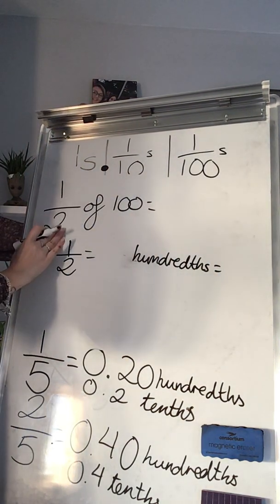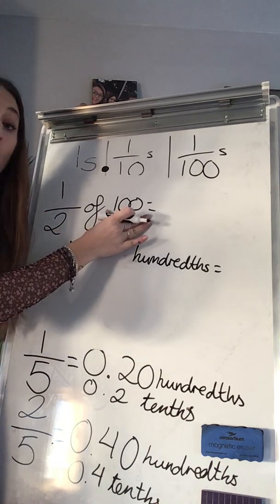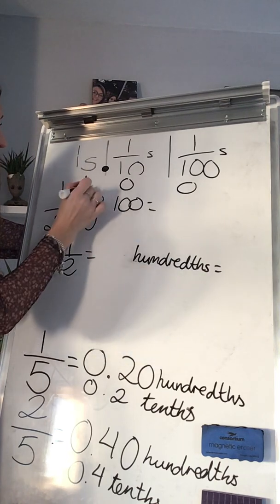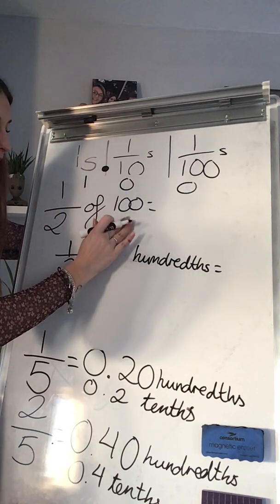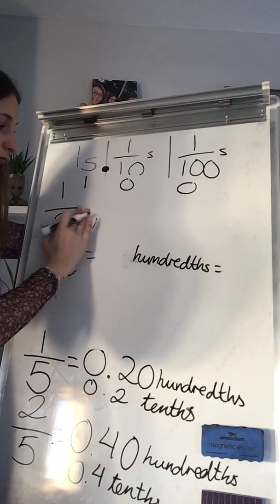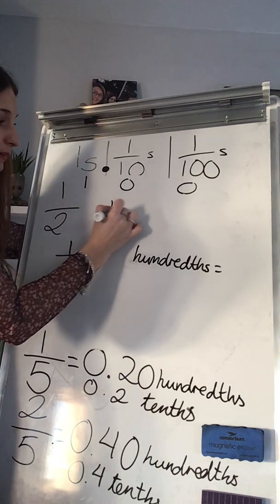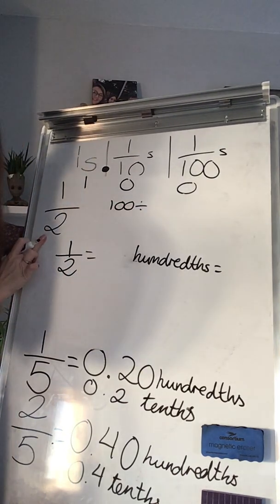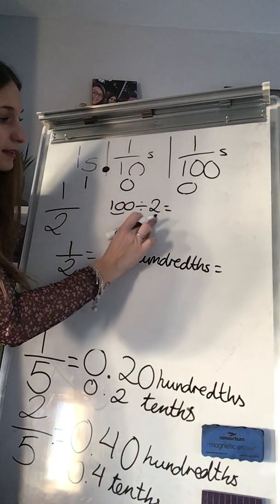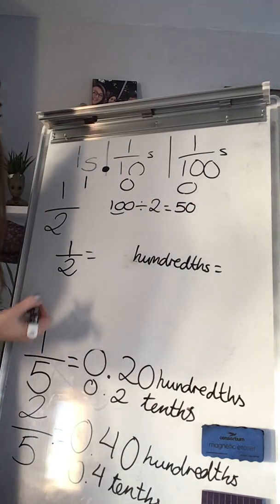So because I have 1/2, I know that the whole, if I'm looking at hundreds, is 100, yeah? So that's why I put there 100. So I get my 100, that it is split into how many equal parts? Yep, 2. 10 divided by 2 is 5, 0 divided by 2 is 0.